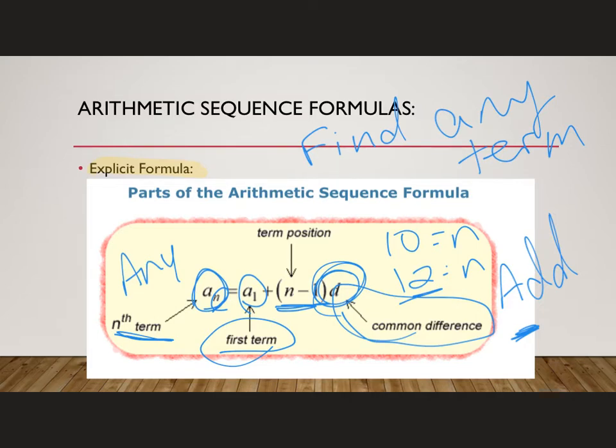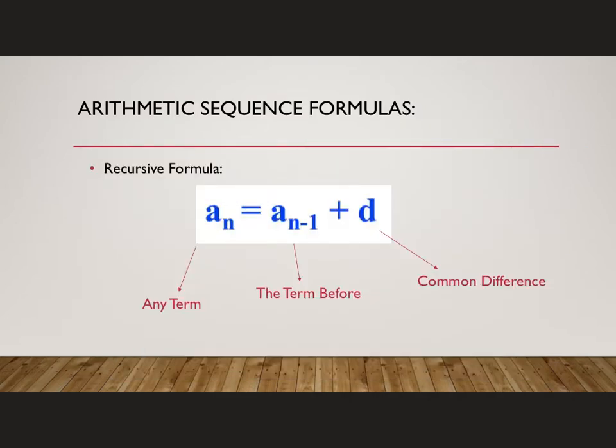The other option is we also have what's called the recursive formula. Recursive means to do again and again. So the recursive formula, if you look at it, again, we have any term. In this case, instead of being able to immediately get the 12th term, I have to know what the term before it is.